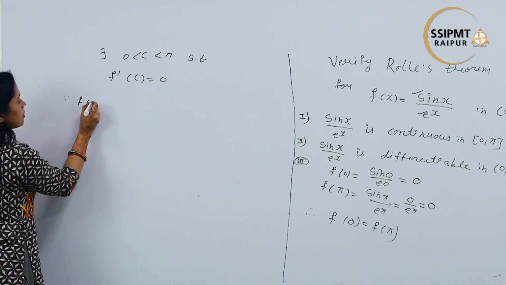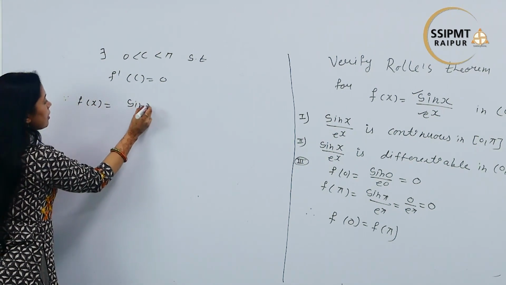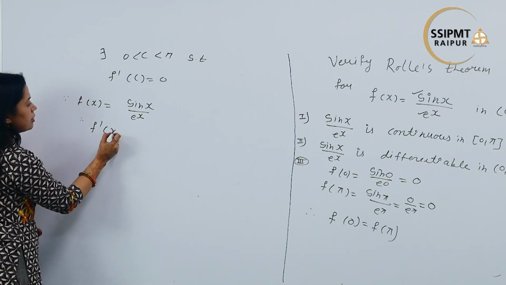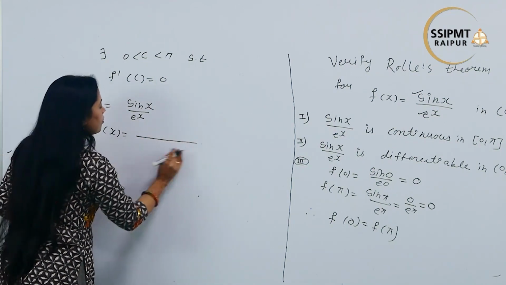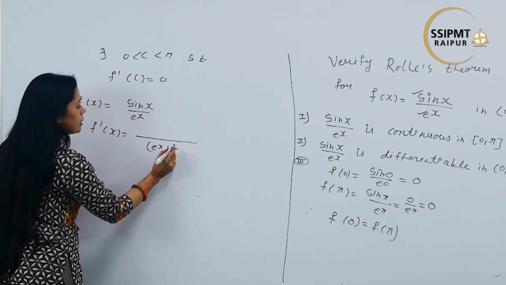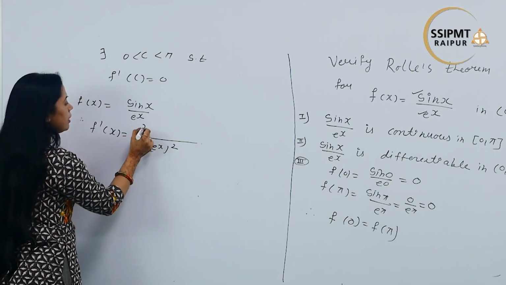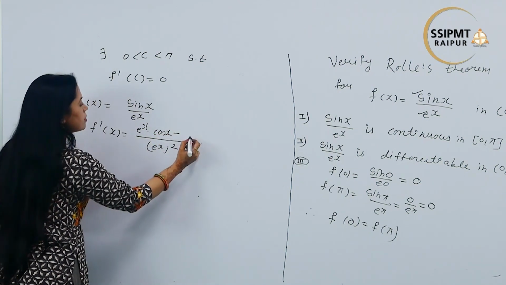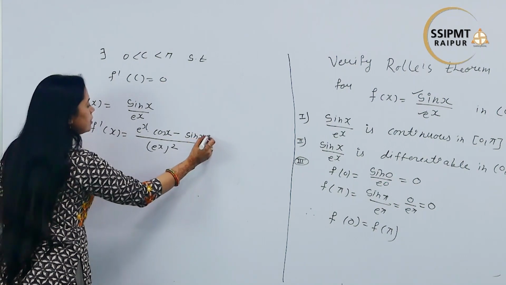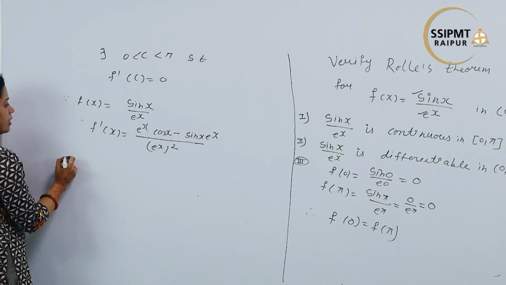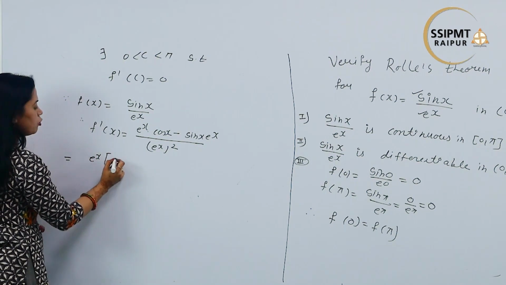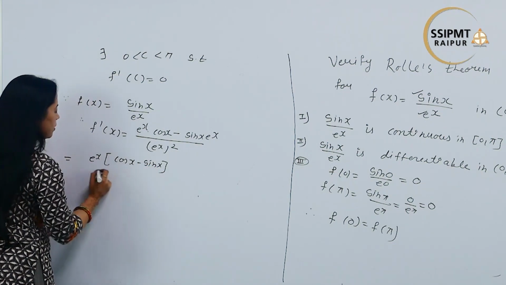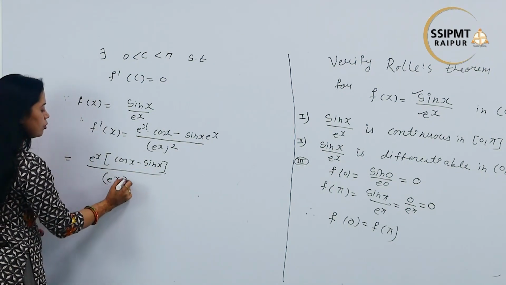So since f(x) is sin x upon e to the power x, if we differentiate it, we get, over (e to the power x) whole square, e to the power x times the derivative of sin x, which is cos x, minus sin x times e to the power x, which can be written as e to the power x (cos x minus sin x) upon (e to the power x) whole square.